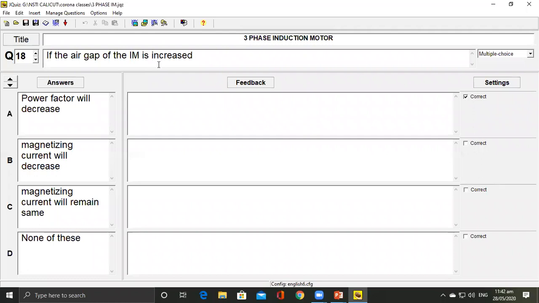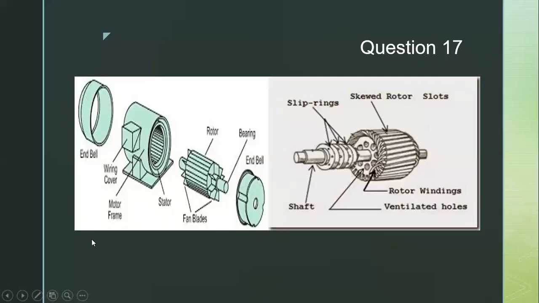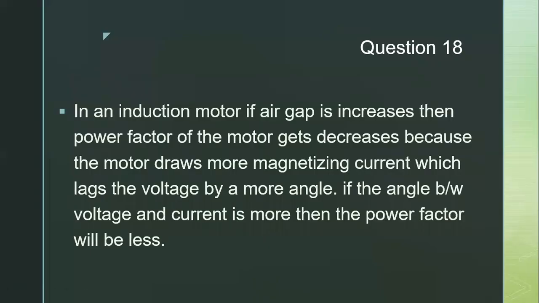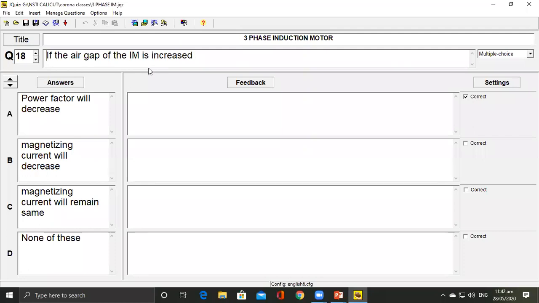If the air gap of the induction motor is increased, the power factor will be decreased, the magnetising current will be decreased, the magnetising current will remain the same, or none of these. We already discussed this in the last slide. If the air gap is increased, it means the gap between stator and rotor is increased. When you give supply to the stator, it will take a current known as the magnetization current, to produce a magnetic field in the air gap.